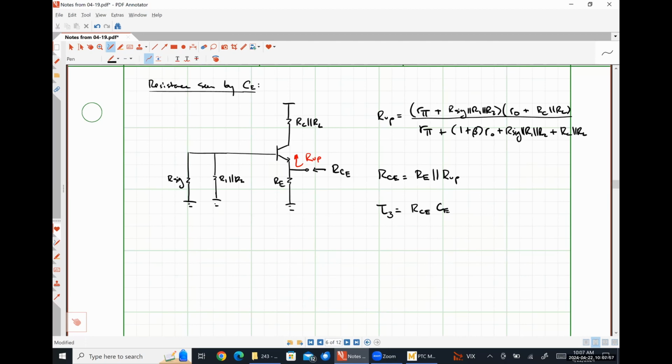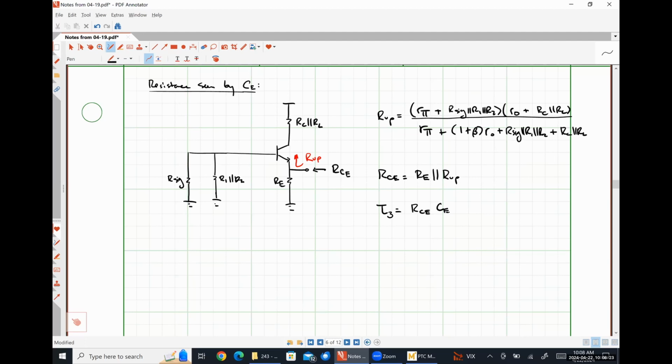We have this method for estimating where our low frequency response ends effectively under the constraint that one of these poles is going to be dominant. So effectively, if one of them is dominant, then one of these time constants is going to be much larger than the others, and it's the one that's going to set our frequency response.